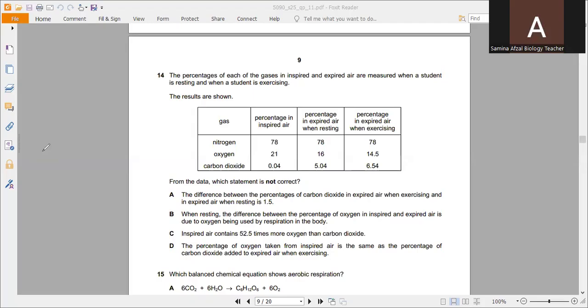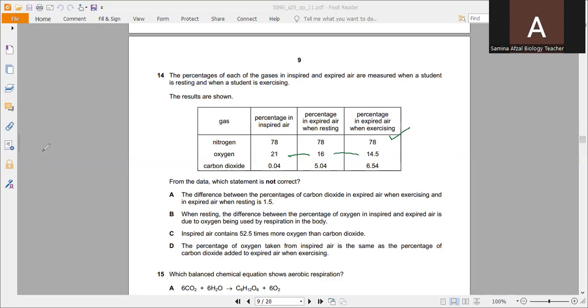Percentage in expired air when resting: 78, 16, 5.04. So the nitrogen remains the same and oxygen is used up by the body, so it is decreased from 21 to 16 percent.